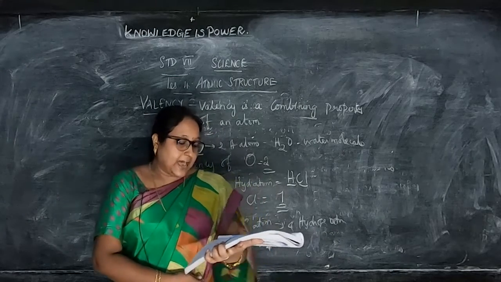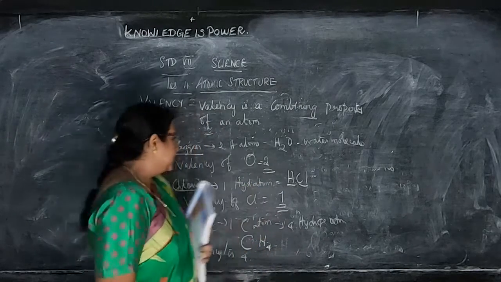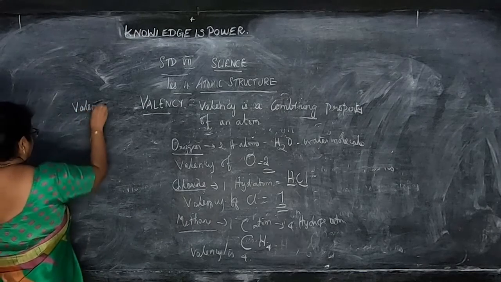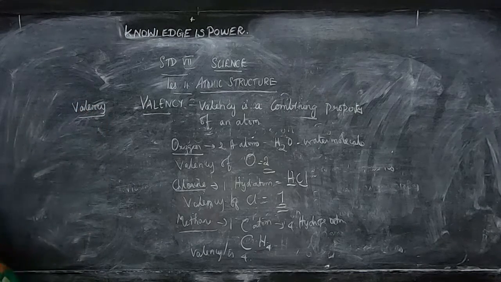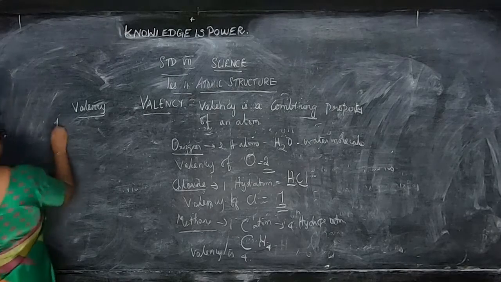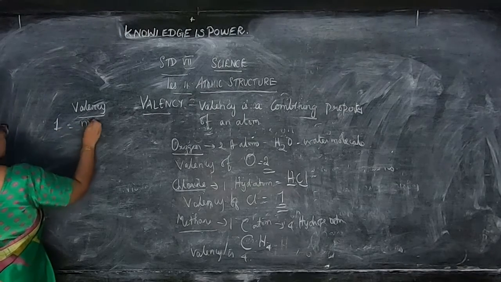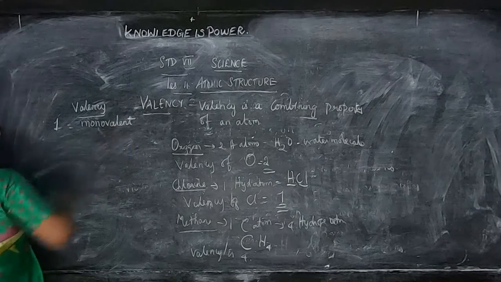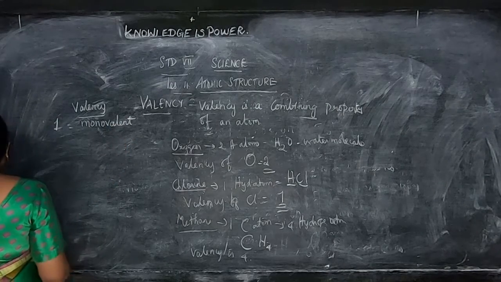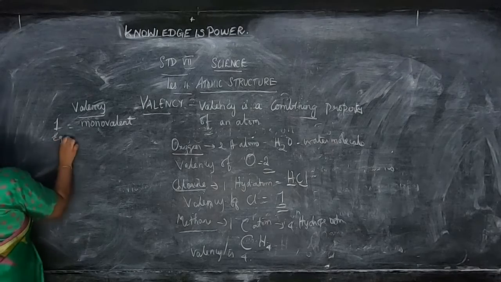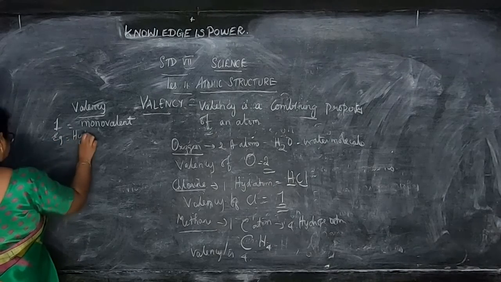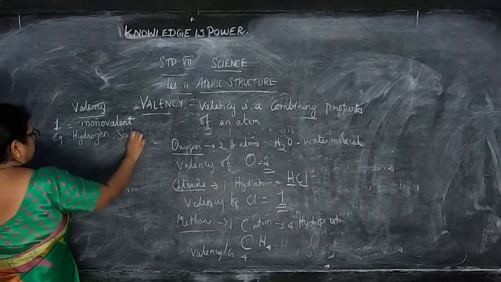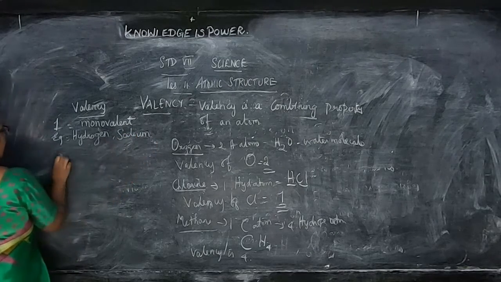Now the elements having valency 1 are called monovalent. How do they call valency 1? They call it monovalent. For example, they gave hydrogen and sodium, that have the valency 1 and are called monovalent.